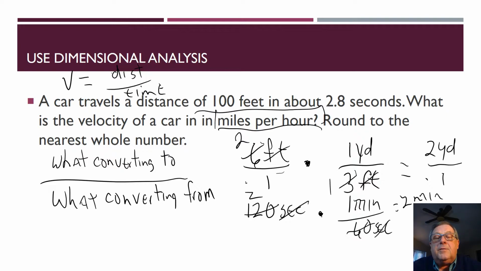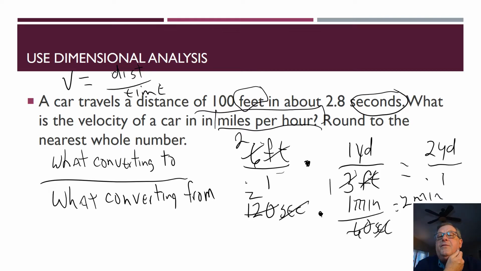Now, we have to do miles per hour, and we're given something in feet per second. And so in this particular problem, we've got two conversions we're going to have to do. We have to convert feet into miles, and we have to convert seconds into hours.